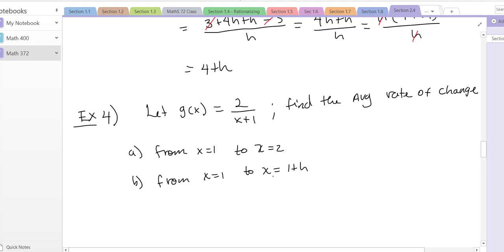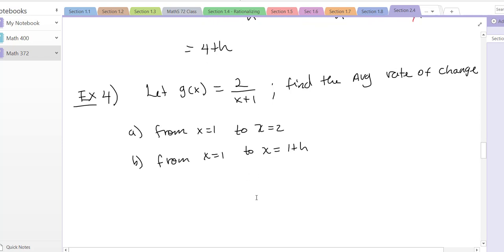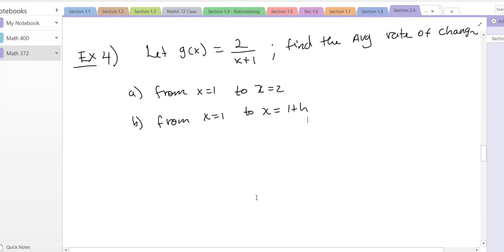So we're going to try to practice this difference quotient stuff. If you want to pause it so you can do part A on your own and see how you do, you can do that.